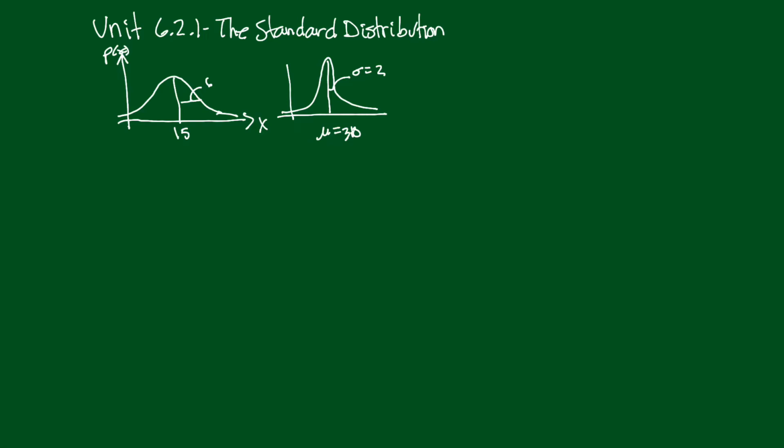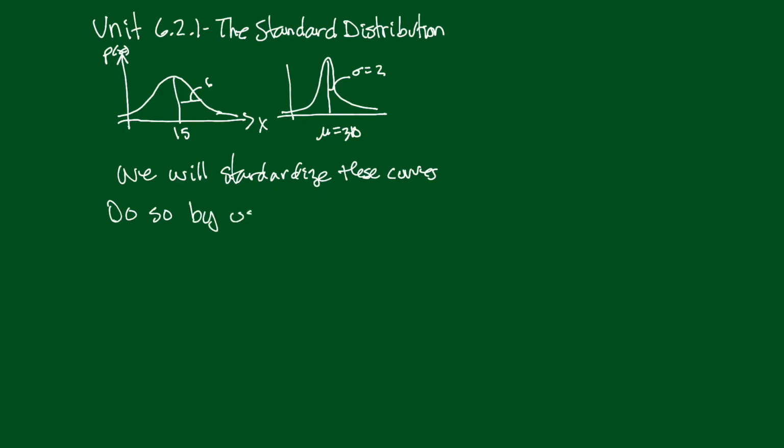All right, so there are infinitely many curves here, and we can't make a table of probabilities or program the calculator to do all of these infinitely many. So what we're going to do is standardize these curves, and we will do so using the z-score.